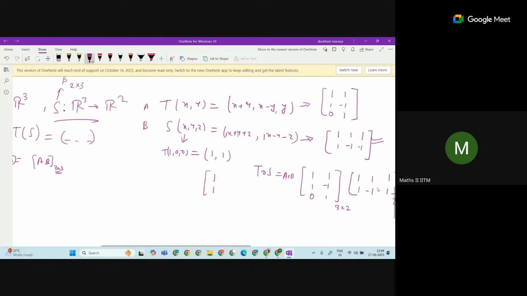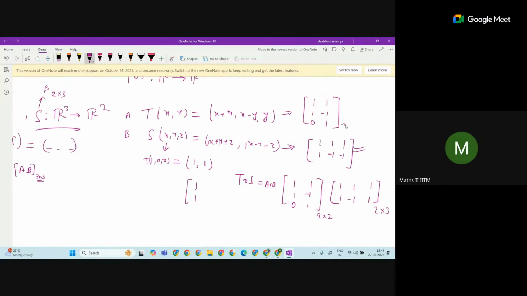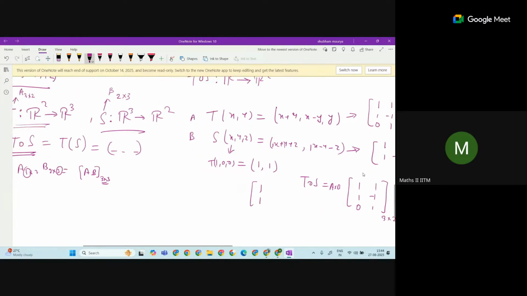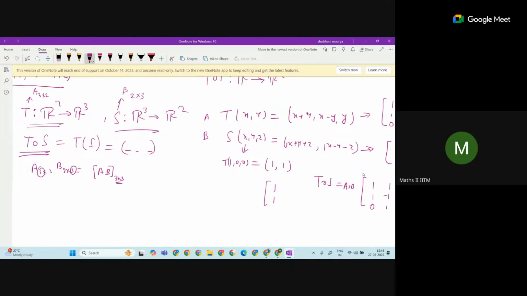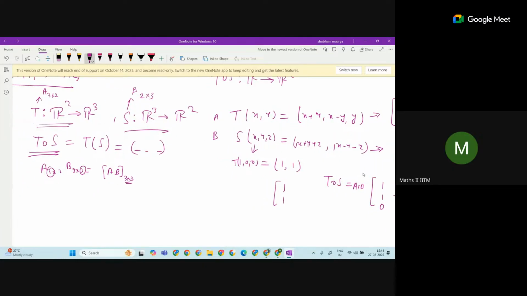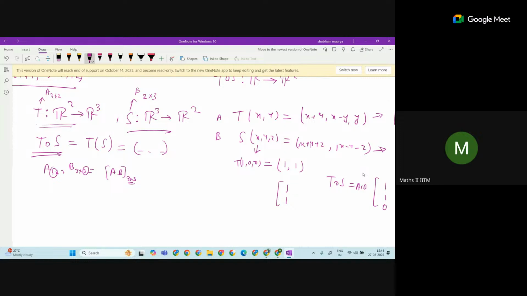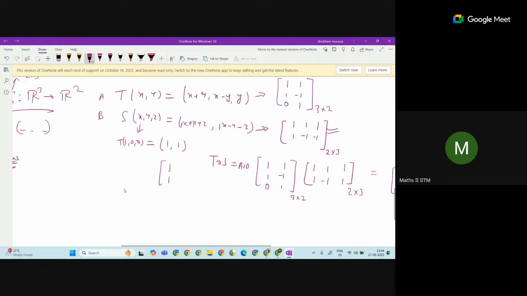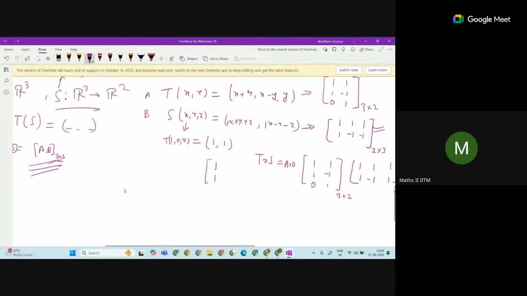See the order here: the order of A is 3 cross 2, and this is 2 rows and 3 columns. We got a 3 cross 3 order matrix here. So composition means the matrix multiplication we do.